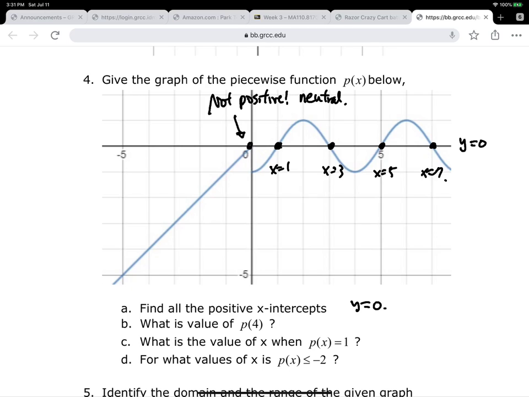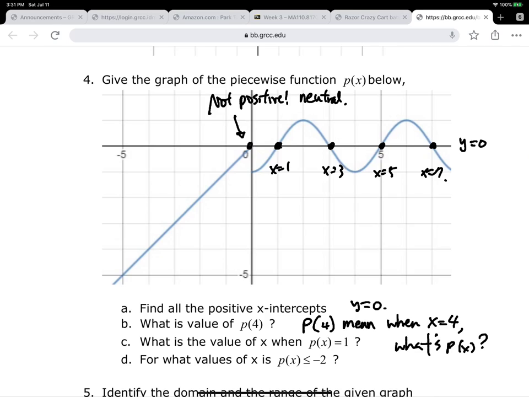Alright, what is the value of P of 4? Now, P of 4 means when x equal to 4, what's P of x? So they're basically saying when x equal to 4, what's the y value?